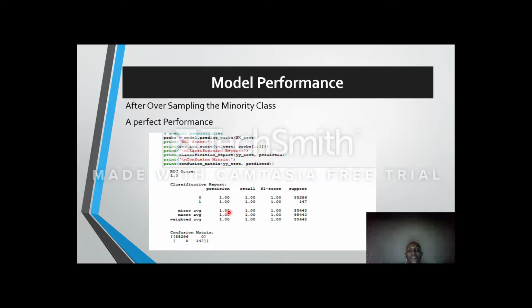In fact, even for the fraud target. In this particular test, the test data is around 85,000 of the 284K data set, and we have 147 frauds.